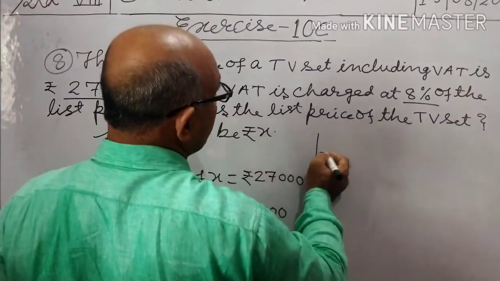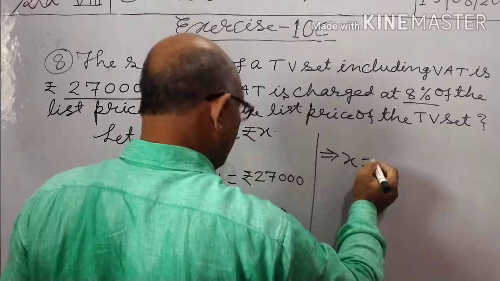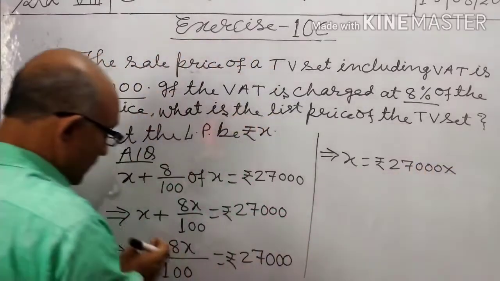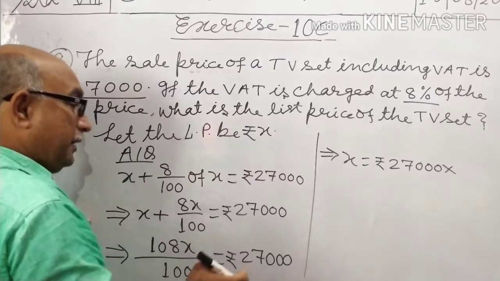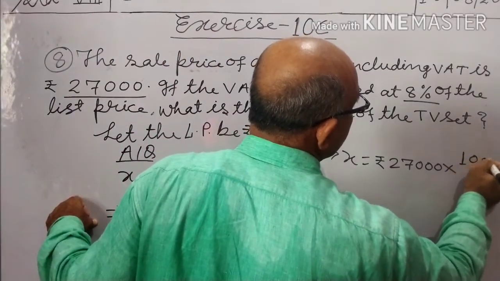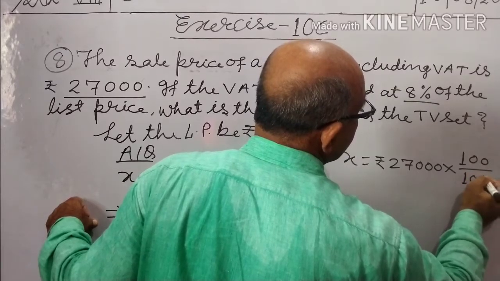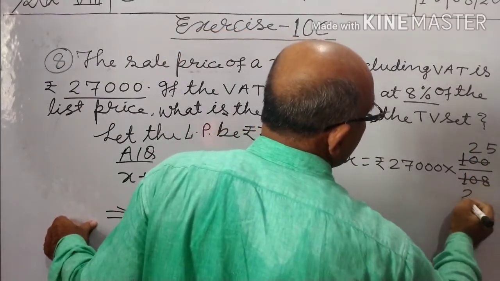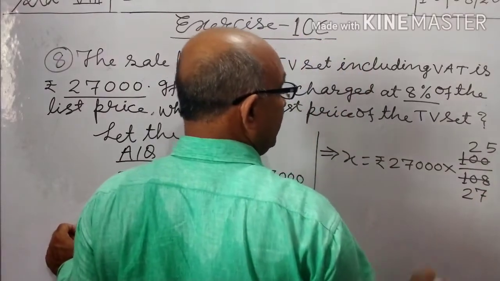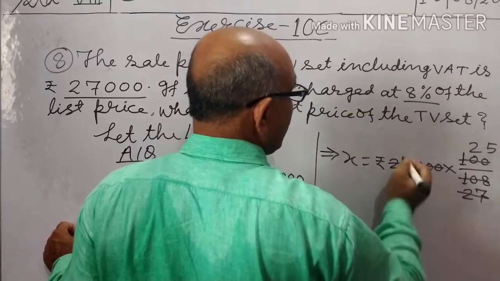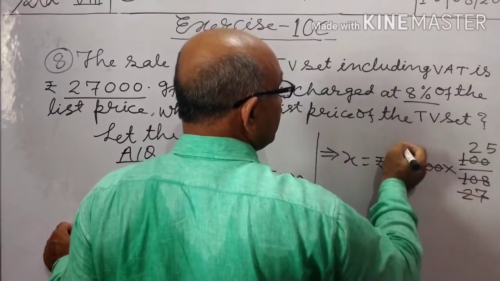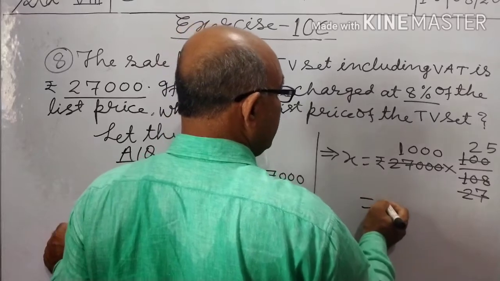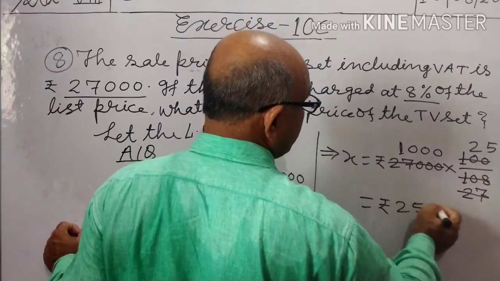Now x equals rupees 27,000 multiplied by 100 by 108, by transposition. 25 for the 100 and 27 for the 108. 27,000 divided by 27 equals 1,000. That implies rupees 25,000.